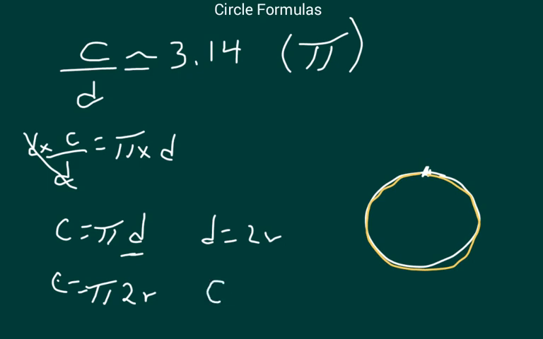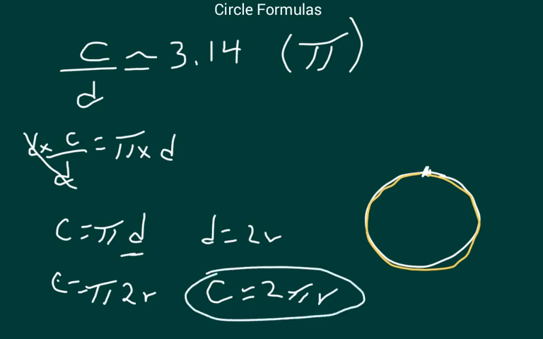Then we can change the order of that and say circumference is 2 pi r, which is a very common way to represent the formula, along with circumference equals pi times diameter. So if you know the radius, you can plug it into this formula and do double pi times the radius. If you know the diameter, you can just do pi times the diameter. And you can use your calculator to do these calculations, it'll use a much more precise value for pi.